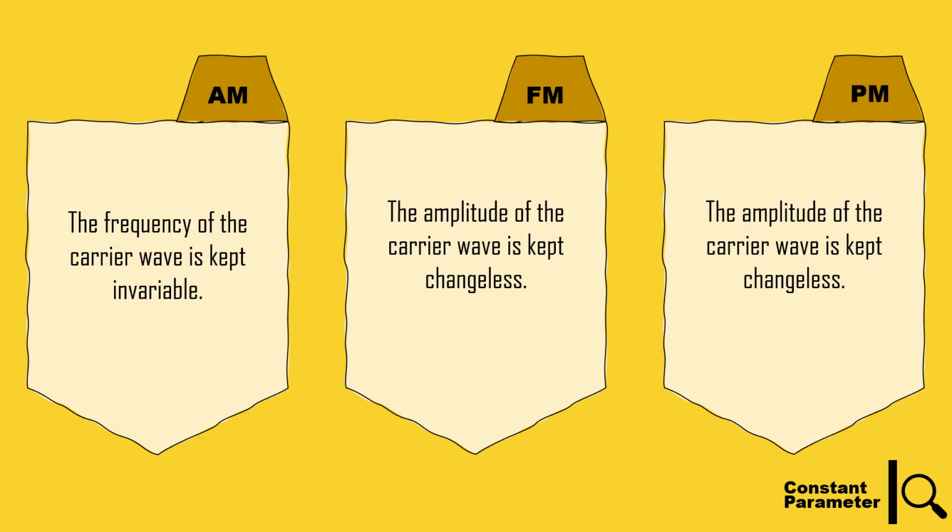In terms of constant parameter, in AM, the frequency of the carrier wave is kept invariable. In FM, the amplitude of the carrier wave is kept changeless, while in PM, the amplitude of the carrier wave is kept changeless also.